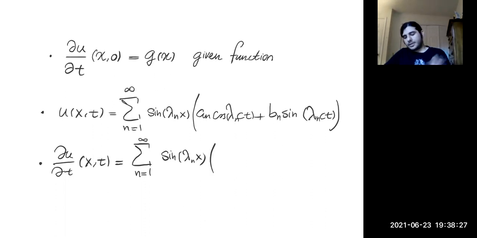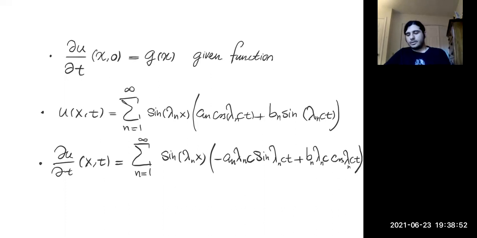We should take the derivative of cosine of lambda n ct and sine of lambda n ct. So we would get minus an lambda n c sine of lambda n ct plus bn lambda n c cosine of lambda n ct. That would be the result of our derivative.